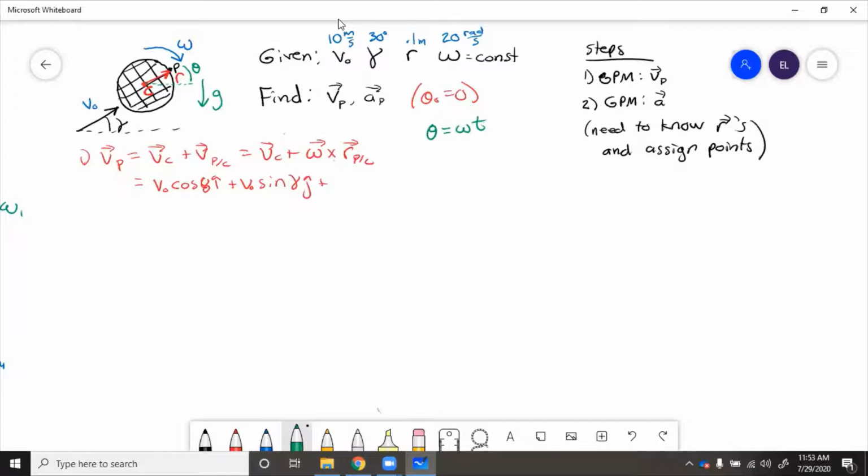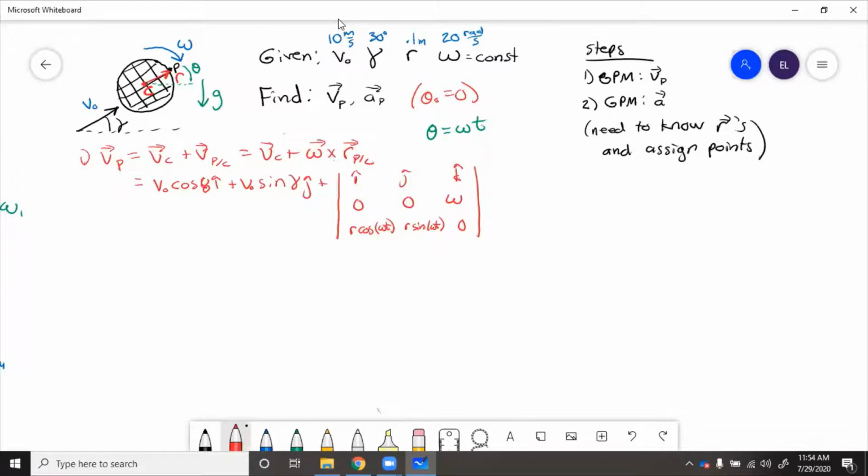Then we'll have RP with respect to C is going to be, let's see, we have I, J, K, 0, 0, omega. And then RP with respect to C is going to be R cosine omega t, R sine omega t, and 0. But if we look at angular velocity, it's going the other way.